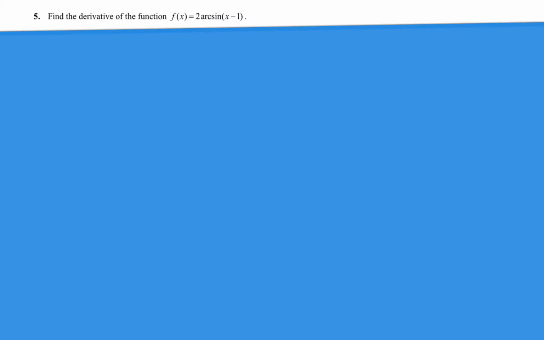Well, I suppose find the derivative of this function. So y of x is 2 times arcsine of x minus 1.